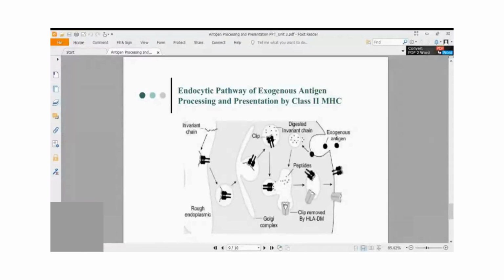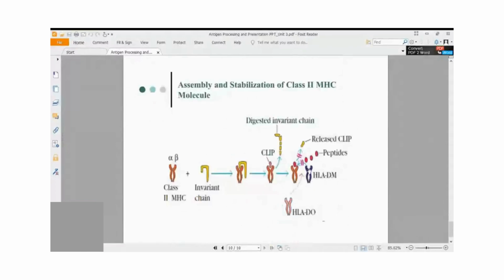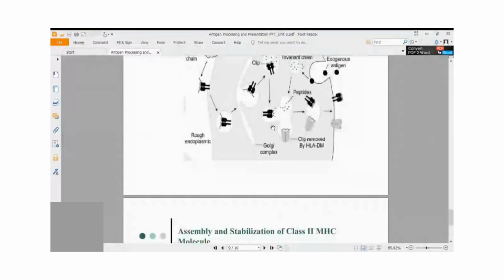The HLA-DM with the empty groove has strong affinity for CLIP protein. Since it is sitting side by side with the class 2 MHC bound with the CLIP protein, HLA-DM will snatch that protein to itself because it has more affinity for it.